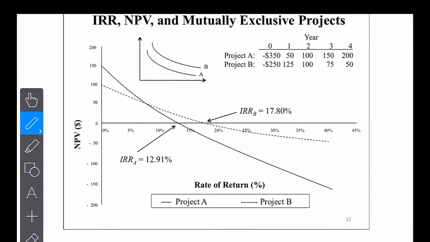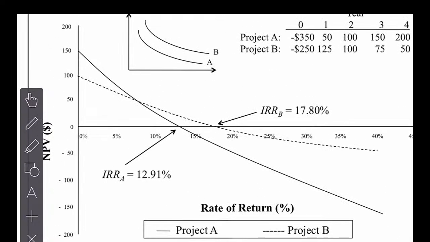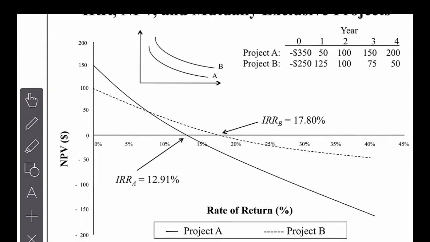So this is really important. Let me make it a little bit bigger. I can't get it with my pen, I'm sorry. Try my finger. All right, so there is the crossover rate.